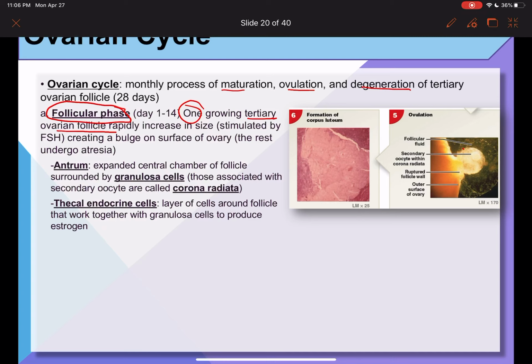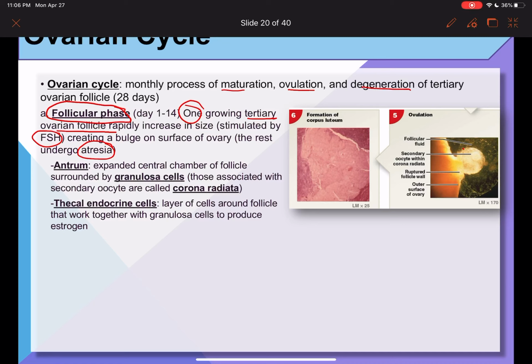When the secondary oocytes are growing, there are multiple of them that continue to grow, but by the time the follicular phase starts, only one of those will start growing exponentially fast, while the rest will degenerate and stop, undergoing atresia. So the one that continues to grow exponentially in size is going to be the egg that is ovulated that month.